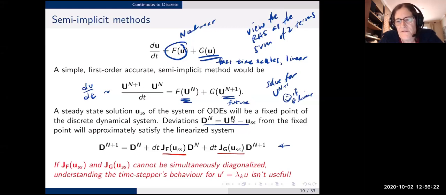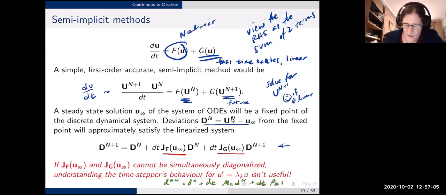If I can simultaneously diagonalize those two matrices, if they have the same eigenvectors and eigenvalues, then I would be looking at d^(n+1) = d^n + dt mu_k d^n + dt rho_k d^(n+1).